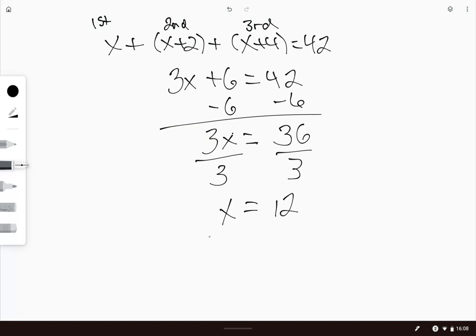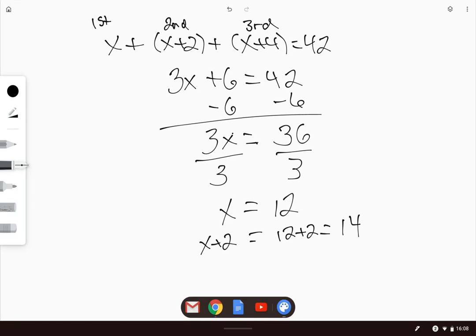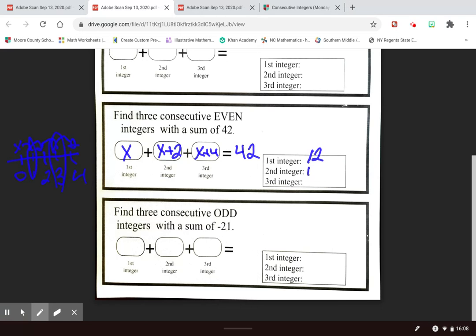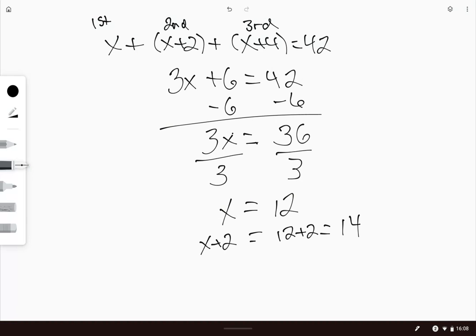So x is 12. x plus 2 equals 12 plus 2, which equals 14. And then my third integer is x plus 4. So that's going to be 12 plus 4, which equals 16.